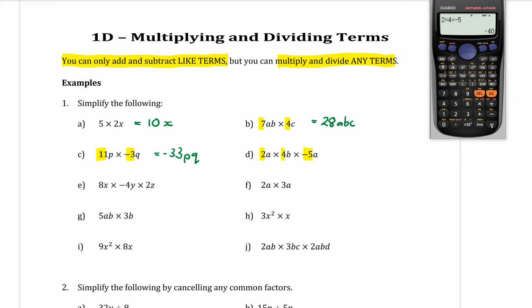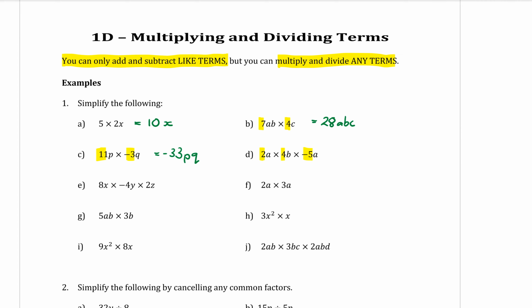Gives a minus 40. Then look at the letters. Now I have a, b, and then a again. If a happens twice, we write that as a squared, and then the 1b afterwards. Okay, so a squared means a times a.